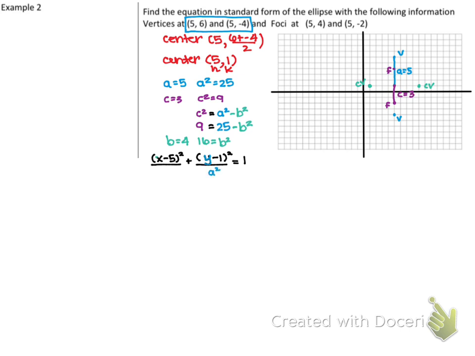Under x, we're going to put b squared. So bigger number under y. All right, so we have (x minus 5) squared all over 16 plus (y minus 1) squared all over 25 is equal to 1. And I think that's our answer.